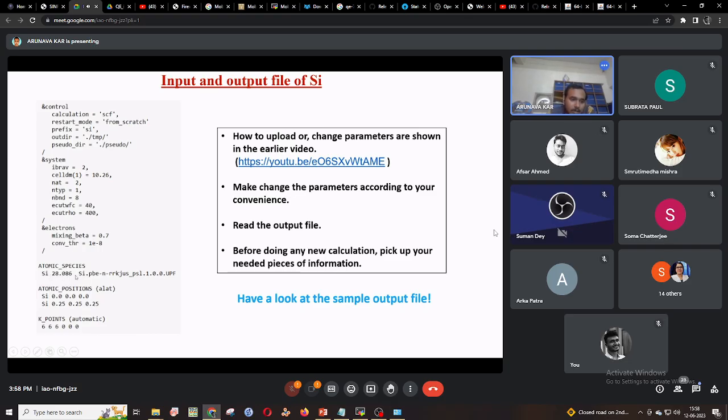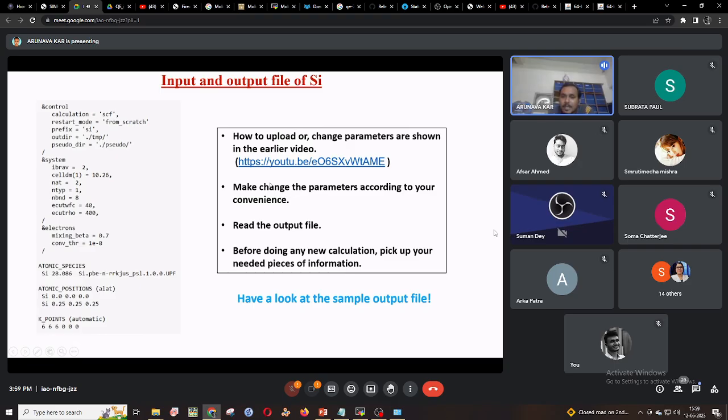Put silicon and its atomic weight. I put two positions here: 0, 0, 0 and 0.25, 0.25, 0.25. I put 6, 6, 6 for the k-points and no offset values. In the earlier video, I think you have already learned how to change these parameters.